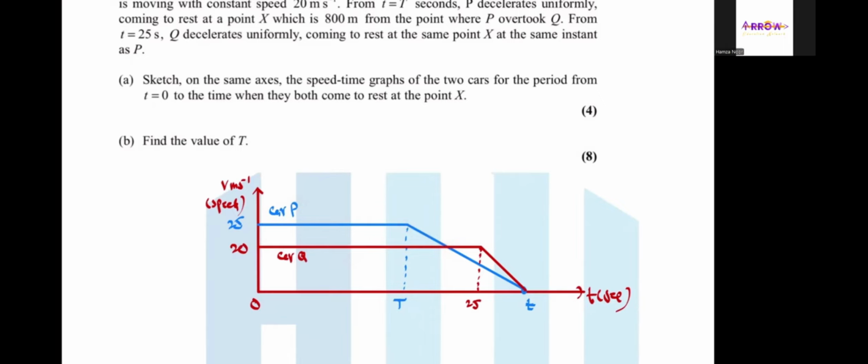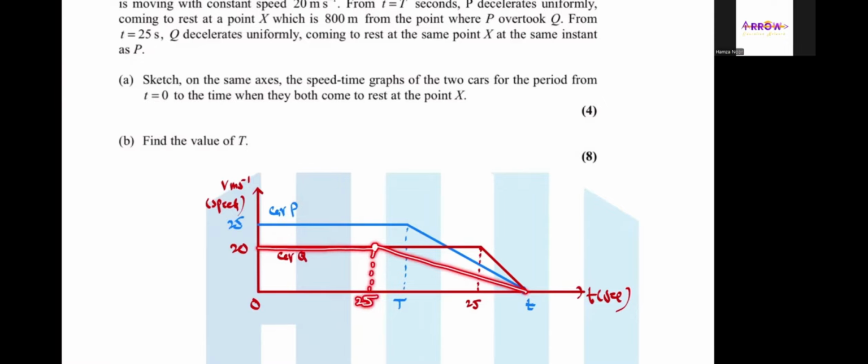And one more thing: why can we say that this value of capital T is less than 25? Meaning, why should we say that this 25 is higher than this capital T? If you had made a sketch something like this for car Q, where this point was t equals 25, it would be impossible.